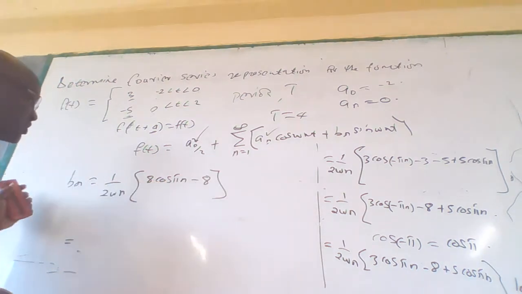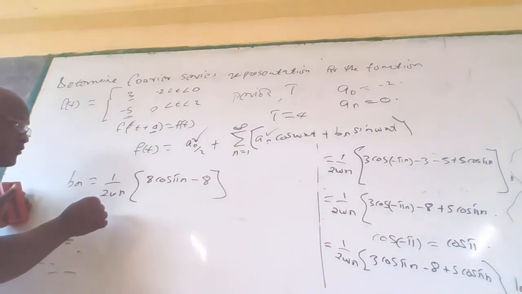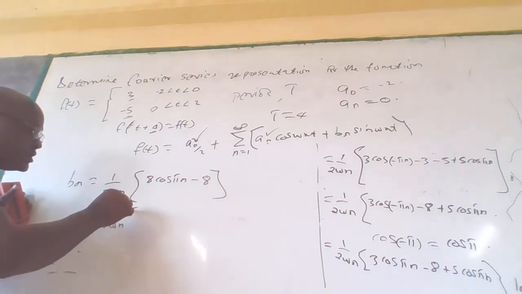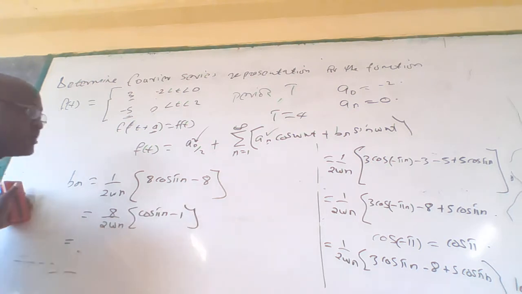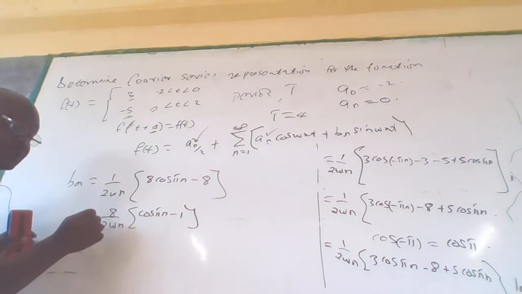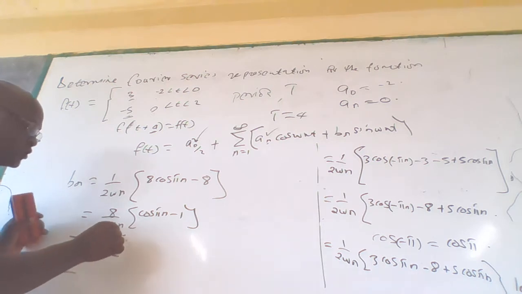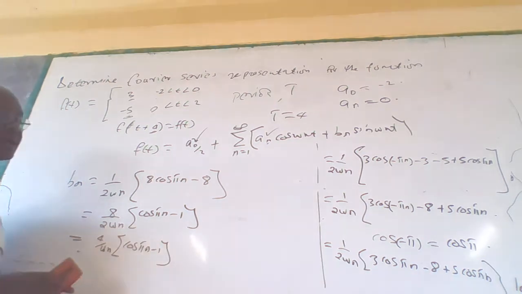So we can now factorize out 8, so that we have 8 over 2 omega n into cos pi n minus 1, which, when we cancel, equals 4 over omega n into cos pi n minus 1.